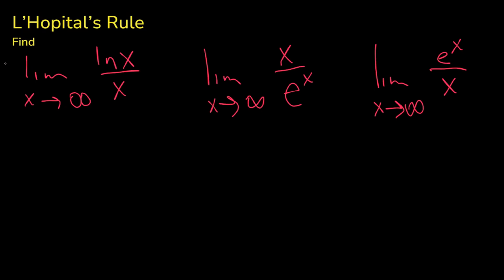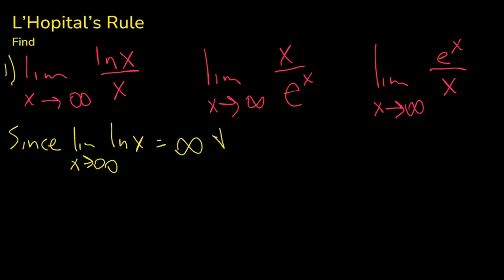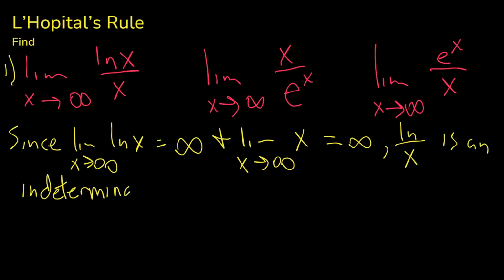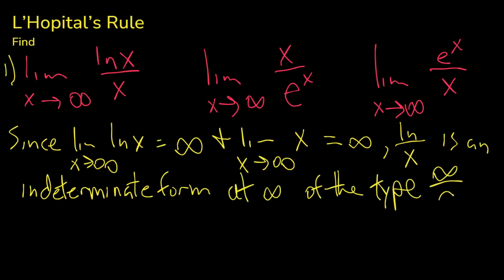So for this first one, since the limit as x approaches infinity of natural log x equals infinity, and the limit as x approaches infinity of x equals infinity, ln x over x is an indeterminate form at infinity of the type infinity over infinity.